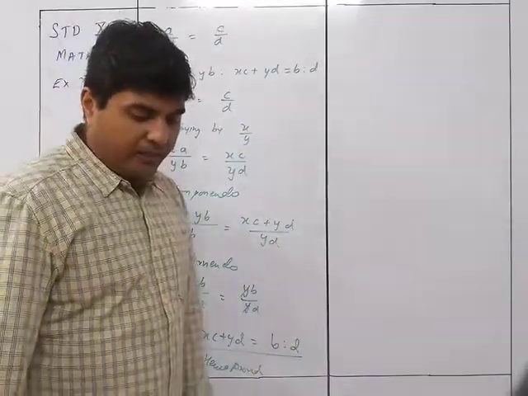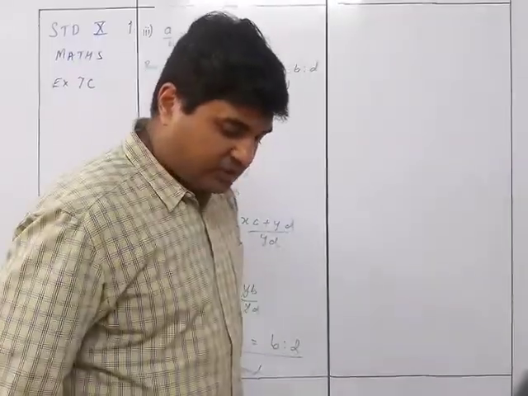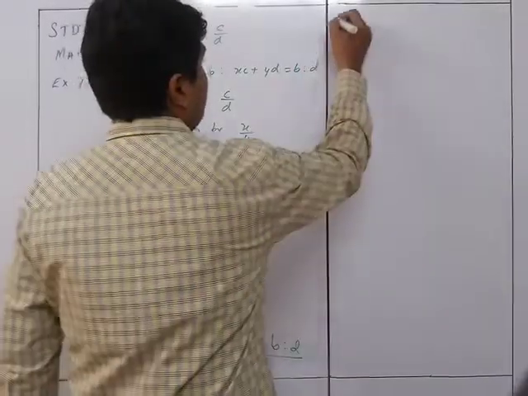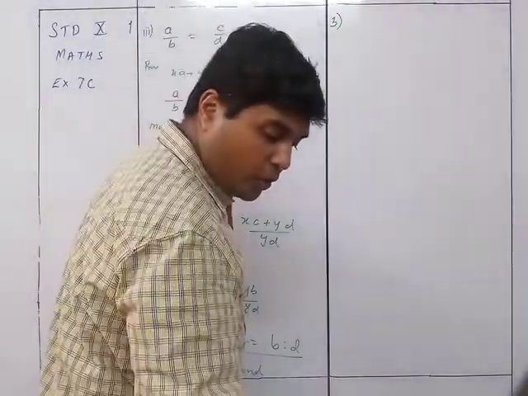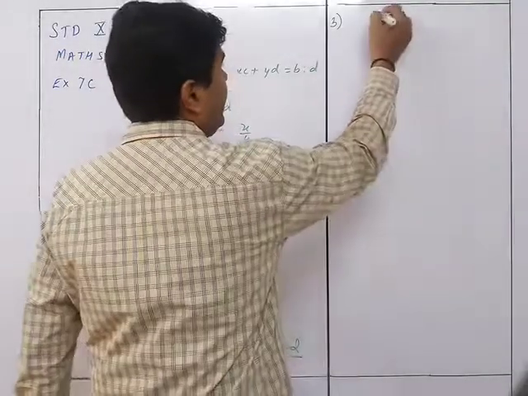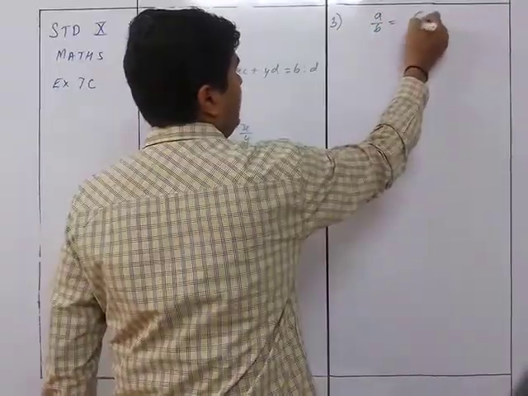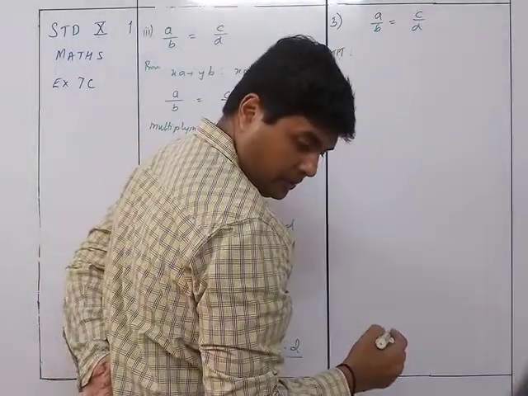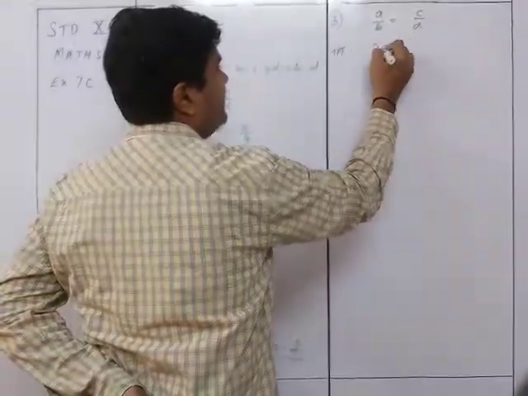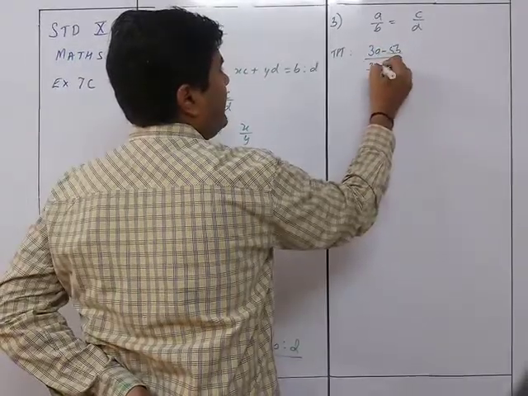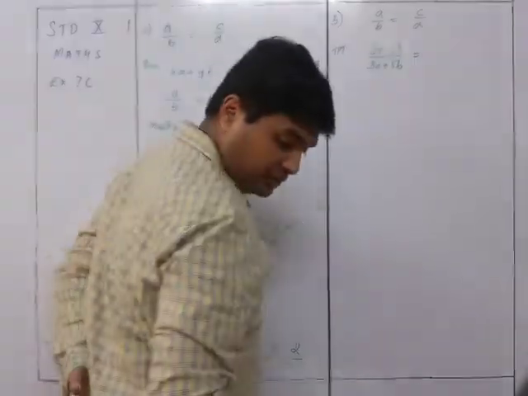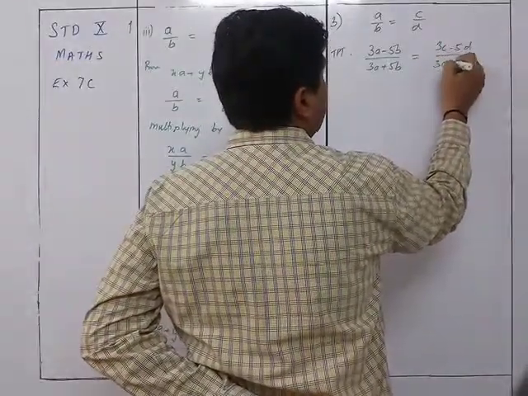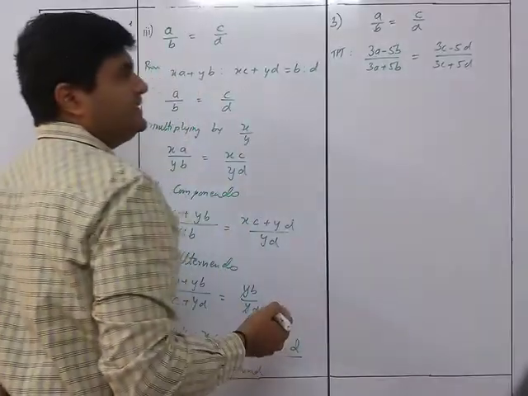Okay, now we move ahead with the next sum, that is question number 3. Question number 3, 2 will be your homework. You have over here A upon B is equals to C upon D. To prove that 3A minus 5B upon 3A plus 5B is equals to 3C minus 5D upon 3C plus 5D. Very, very easy sum.